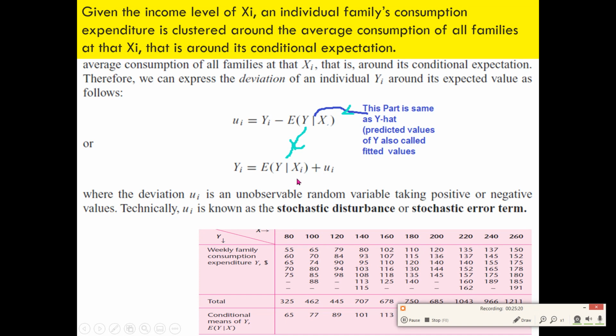So that's why I have written the same regression model in the form of this dichotomy. And why dichotomy? Because there are two terms here. The first one is the conditional expectation, and the second one is the random error or the stochastic error term. Stochastic simply means something that is random.